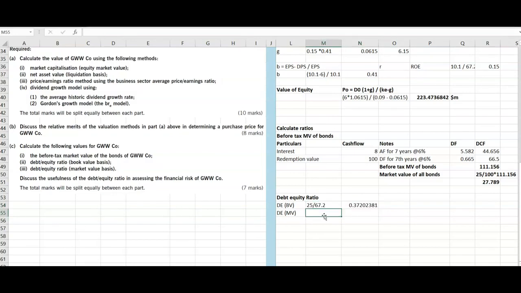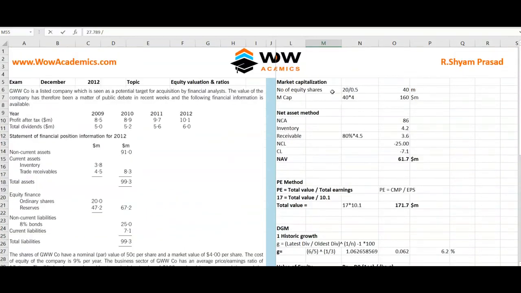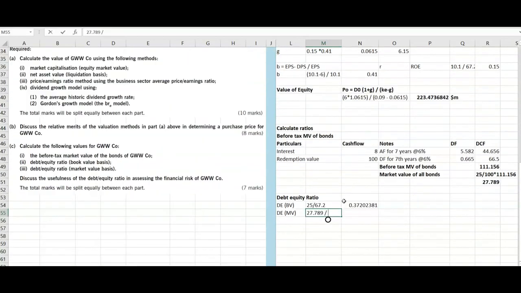And for market value, we have to get the market value of debt. The market value of debt is here. So we can take that number. It is 27.789 divided by the market value of equity, which is what we calculated on the top. So it comes to 160 here. So we can take that number.